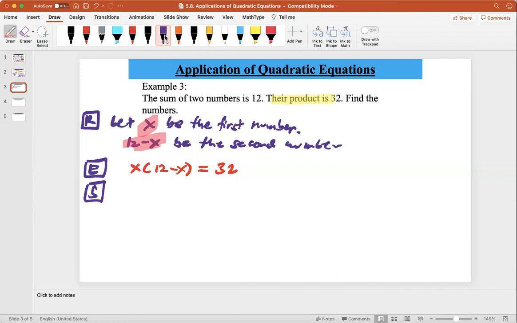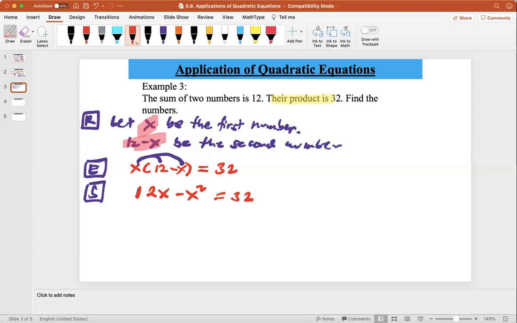Let's multiply x times 12. It should be 12x. And then x times negative x, that's negative x squared, equals 32.